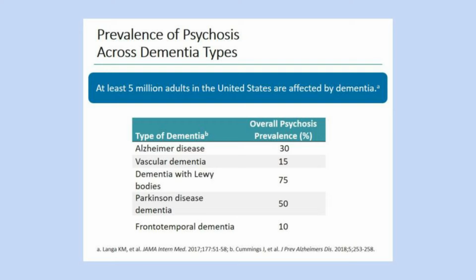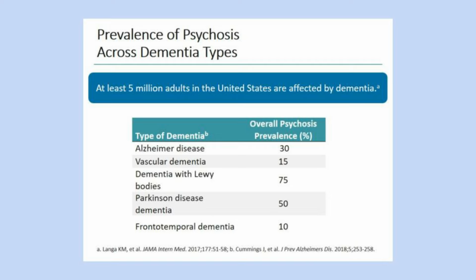So the prevalence of psychoses across dementia types. If you look at the different dementia types in Alzheimer's disease, about 30% can experience psychosis. In vascular dementia, it's much lower at only 15%. But look at the Lewy body dementia, 75%.